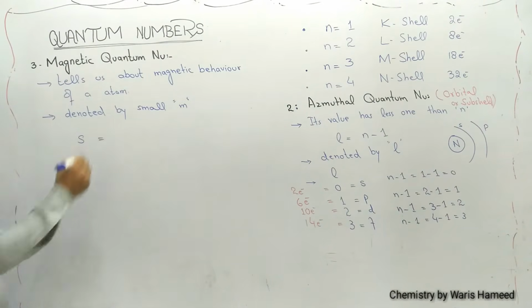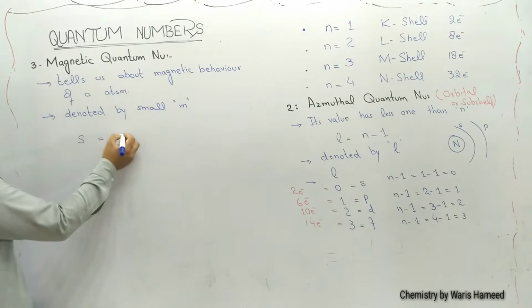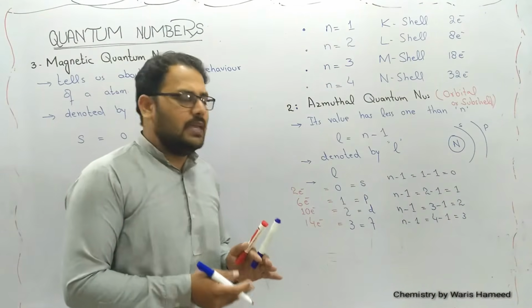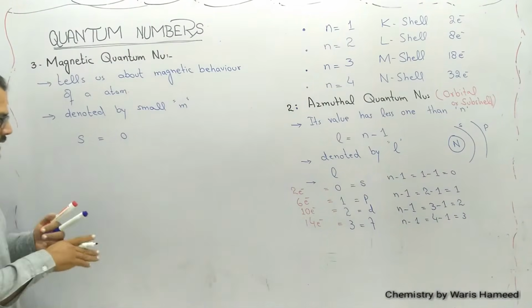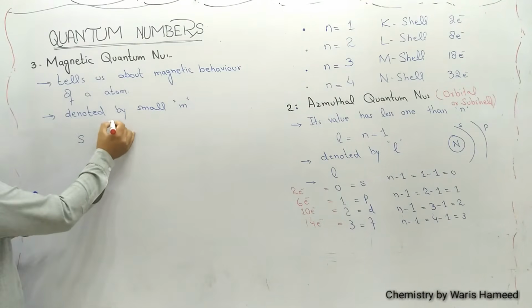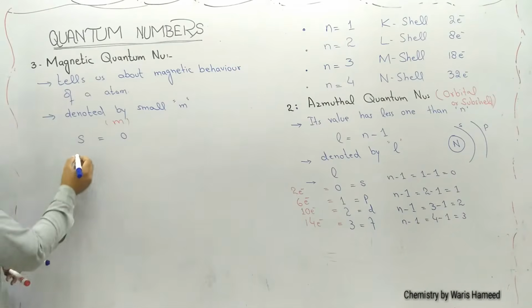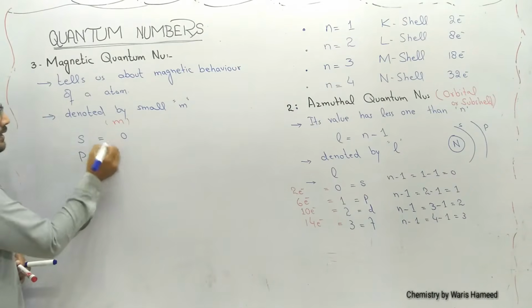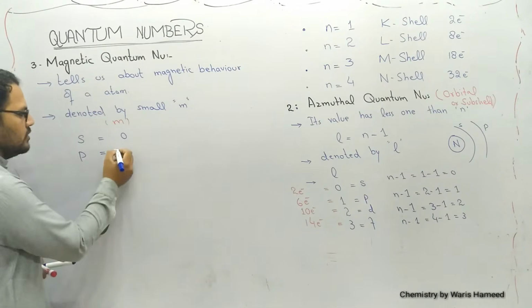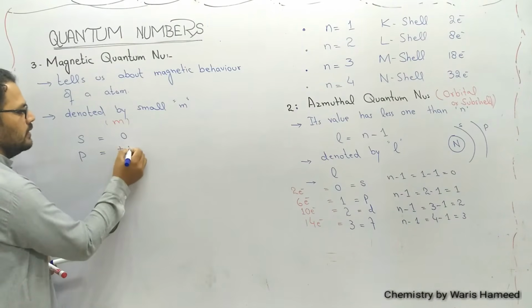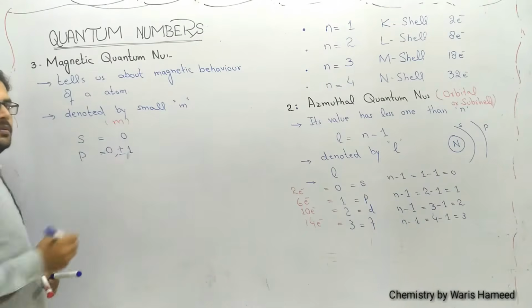If S is placed in a magnetic field, it will have just one orientation, and that is shown by 0. We can say that the magnetic value of S is 0. If P is placed in a magnetic field, it shows 3 values, plus, minus 1 and 0.